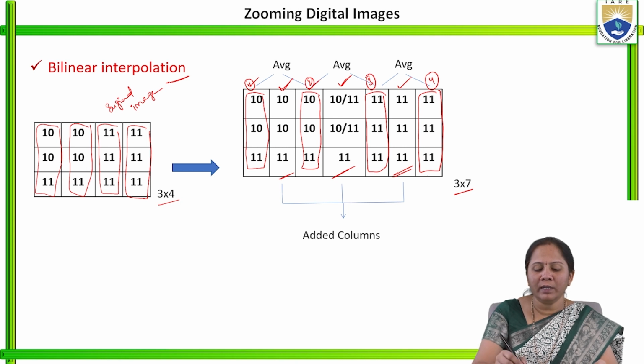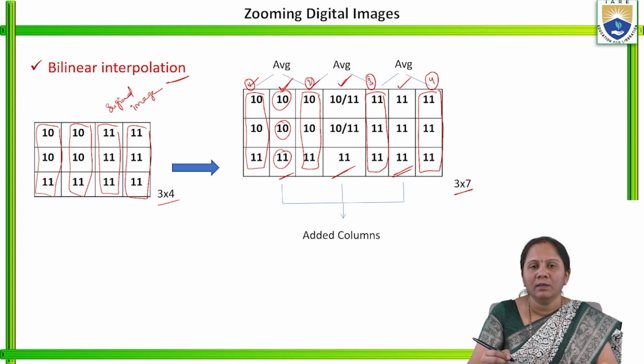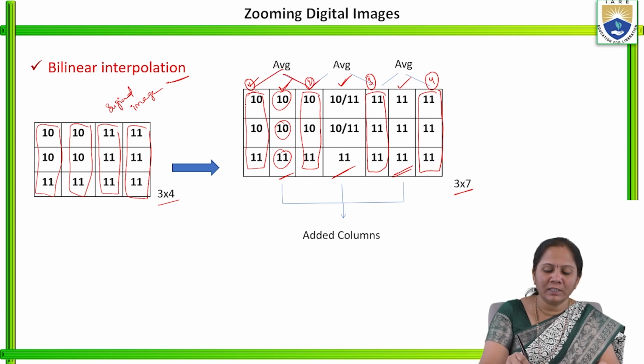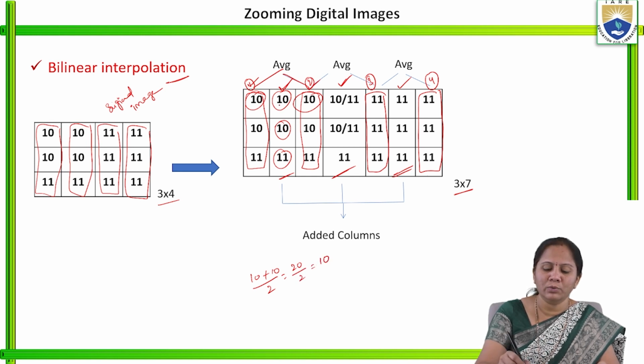How are we getting these new intensity values in these duplicate columns? By taking the average of these two columns. If we consider the first value is 10 and the next value is 10, and take the average, 10 plus 10 by 2, so it is 20 by 2, where the new intensity value will be equal to 10.